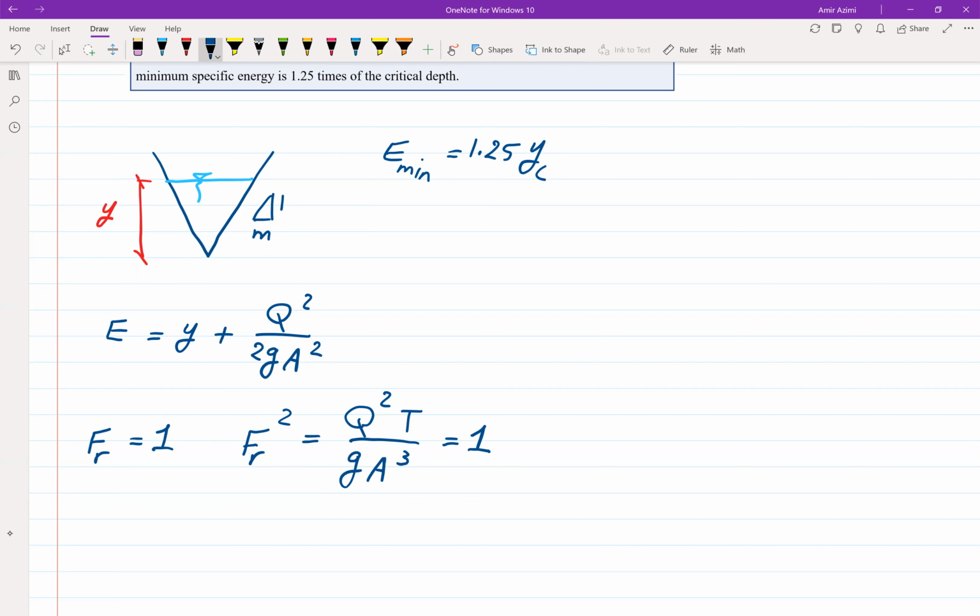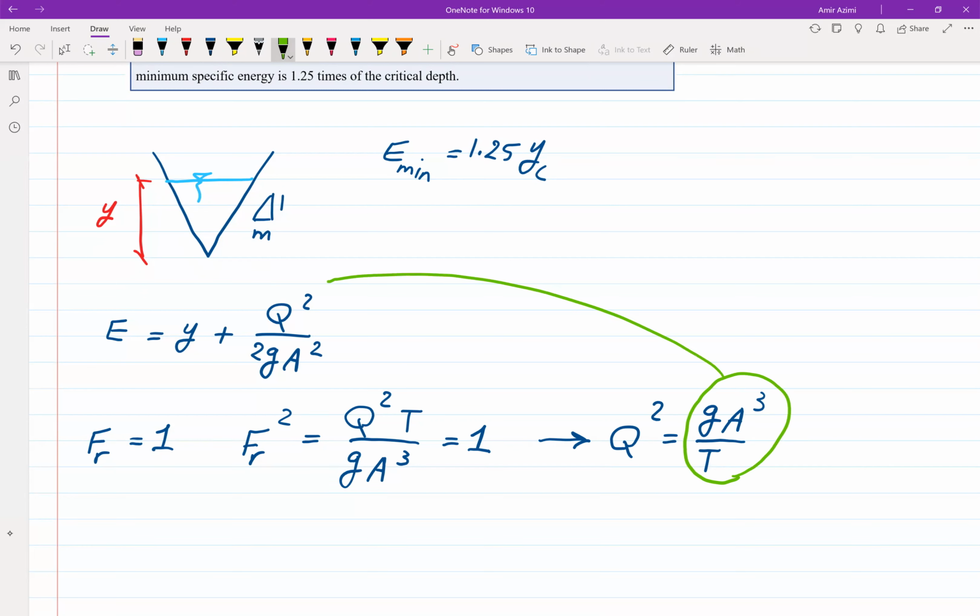If I rearrange this equation, then I can isolate Q square. So Q square is equal to G A to the power of 3 divided by T. And then I can use this expression and replace it with Q square here.